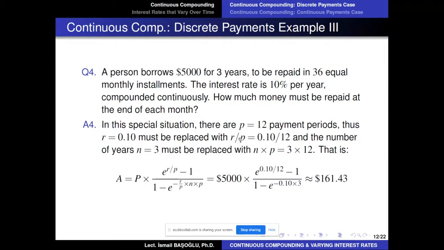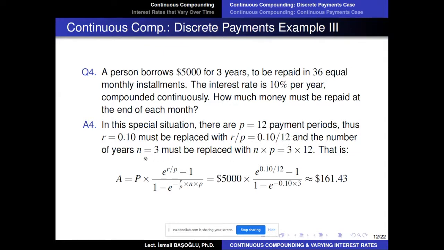However, in this question, we need to take the nominal interest rate as 0.10 in decimal. And since the number of payments made in a year is 12, the monthly interest is going to be 0.10 divided by 12, which is r over p. So this is our monthly interest.